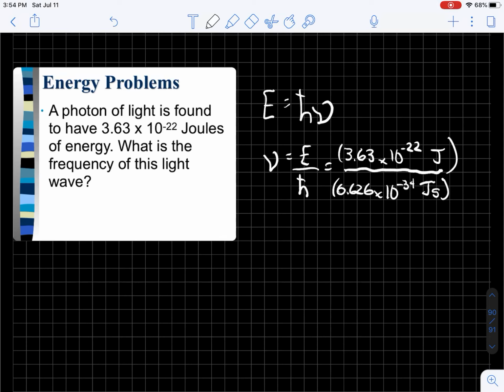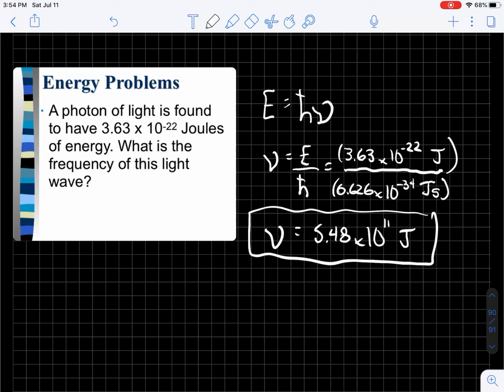Okay, so this is going to give us 3.63 exponential negative 22 divided by 6.626 exponential negative 34, and I get a frequency of 5.48 times 10 to the 11th joules. And that value seems incorrect to me, so let me just check this really quick.